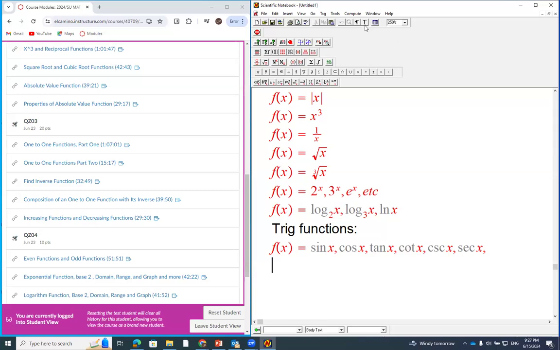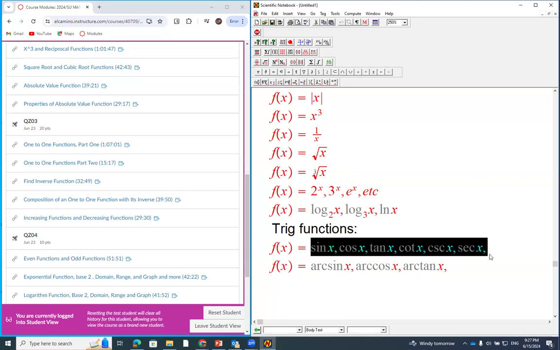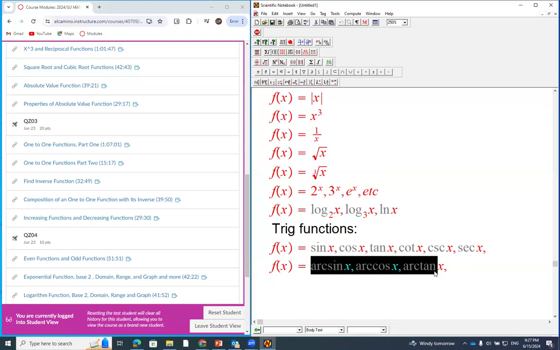And more trig functions, which are the arc sine function and arc tangent function. Then you say, how about arc cotangent, arc cosecant, arc secant? Well, they're not used very much. So our focus is pretty much sine, cosine, tangent, or arc sine, arc cosine, arc tangent. So now you know that we're studying functions for the entire semester.